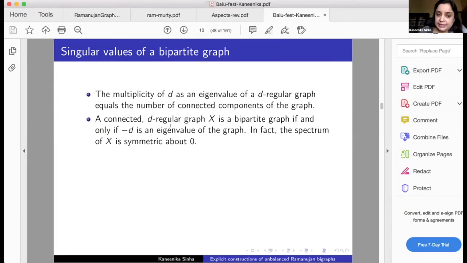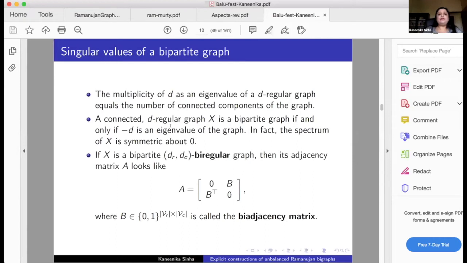A connected d-regular graph is bipartite if and only if -d is also an eigenvalue of the graph. And something very special happens in bipartite graphs. The spectrum, namely the eigenvalues of the graph, turn out to be symmetric about the origin. So if lambda is an eigenvalue, then -lambda will also be an eigenvalue of a bipartite graph.